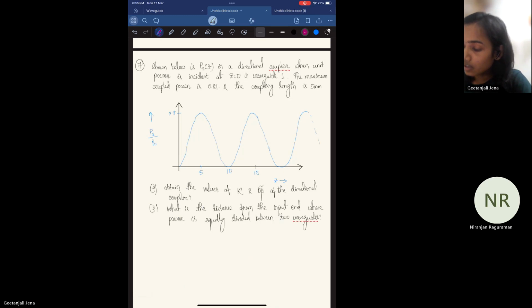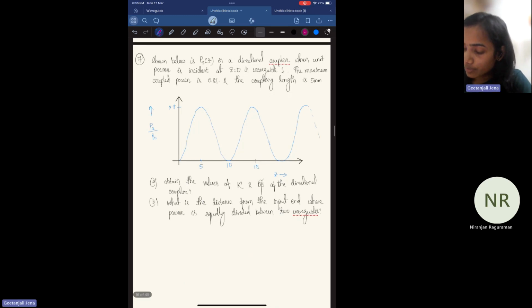Okay, so let us move to our next problem then. It is given, shown below is P2(z) in a directional coupler when unit power is incident at z equal to 0 in waveguide 1.